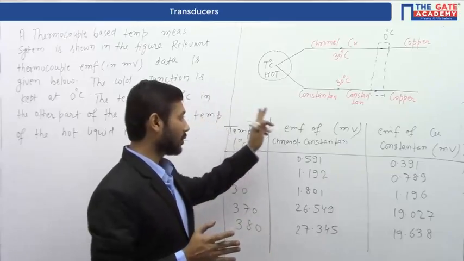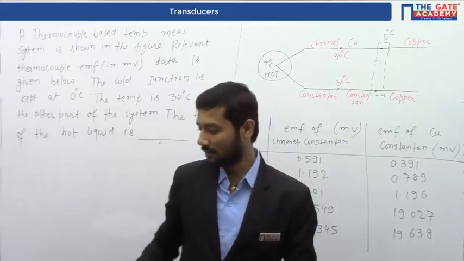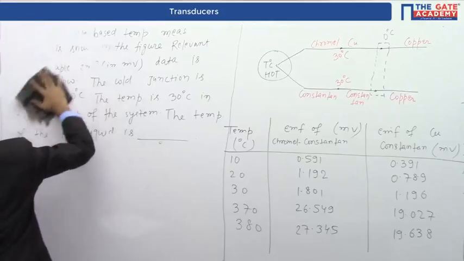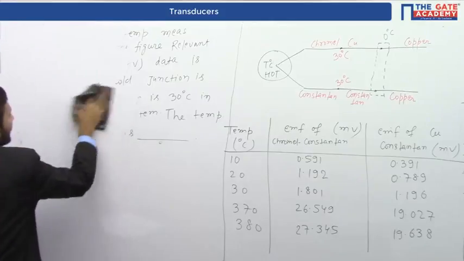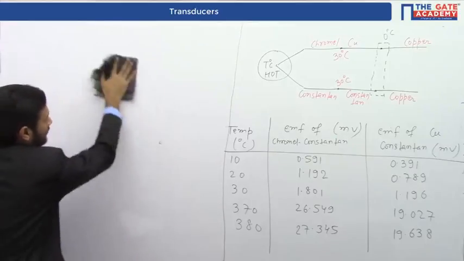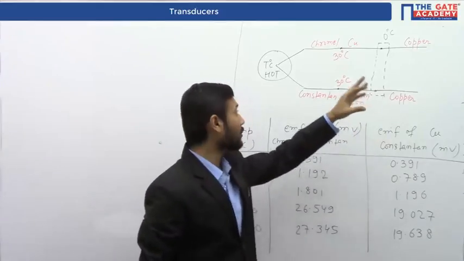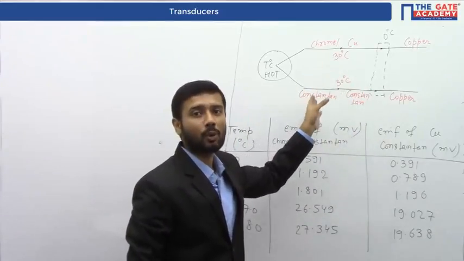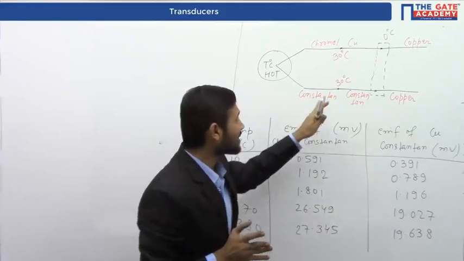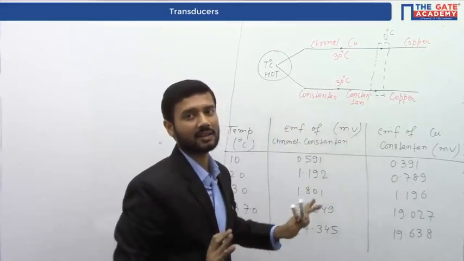Some data in this table is already given in the question. Now let us solve this question. So this thermocouple is made up of copper, constantan and chromel metals. So we can replace this thermocouple by an electrical equivalent circuit.